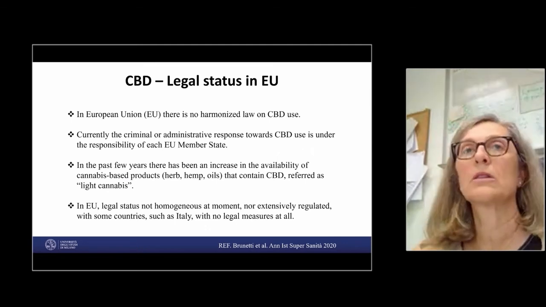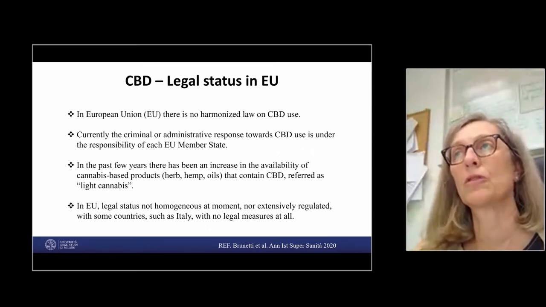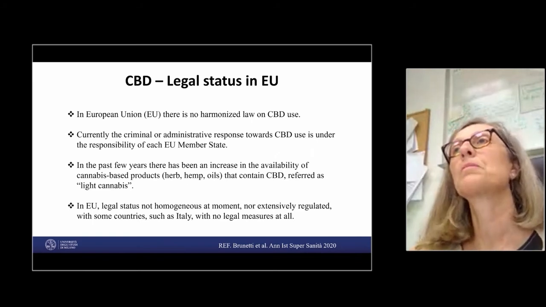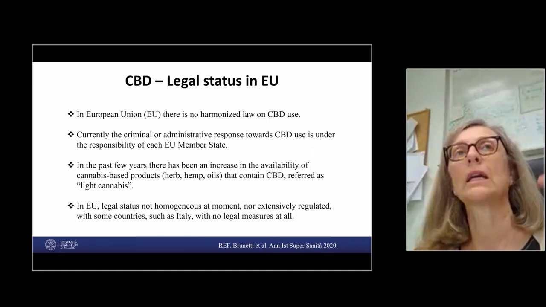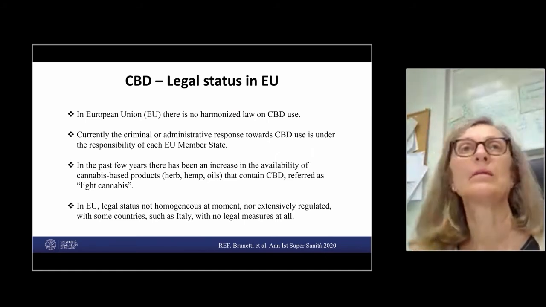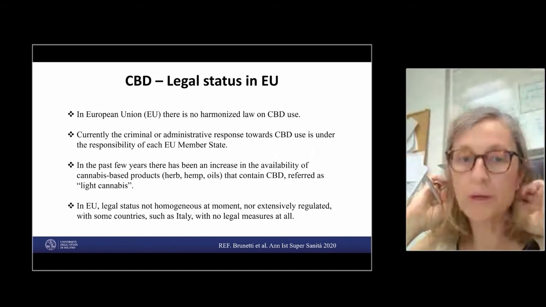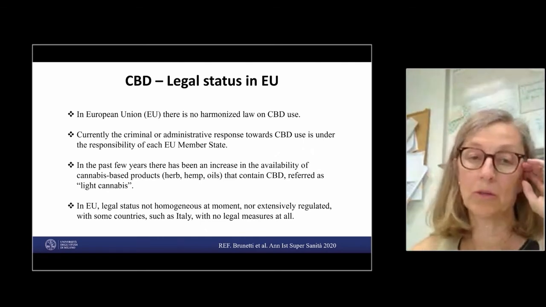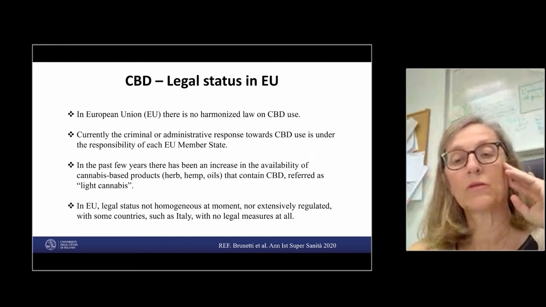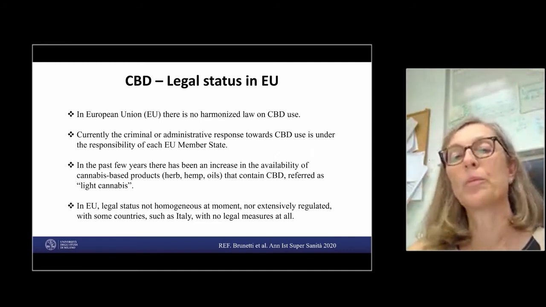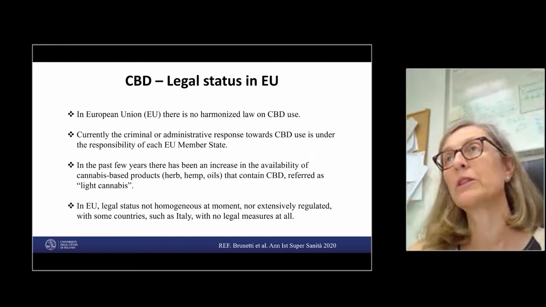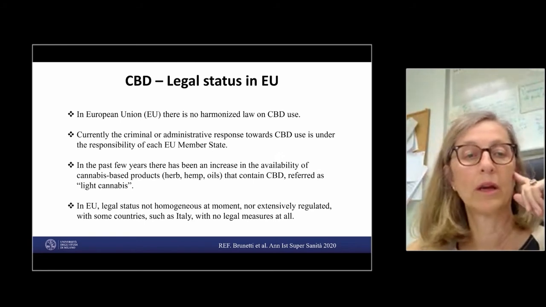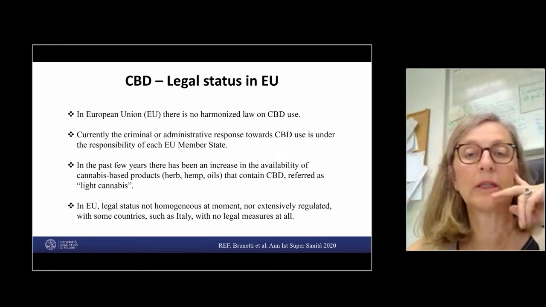In some countries, in some situations, the CBD extracted from the cannabis can be considered narcotic only in consideration that it can have some THC residual in the product. But as I told you, the legal status is not homogeneous at the moment because this is outside the scope of the directive or the regulation of the European countries.